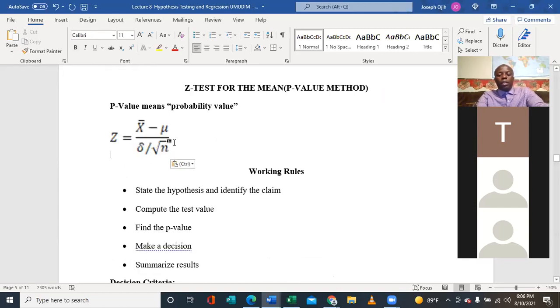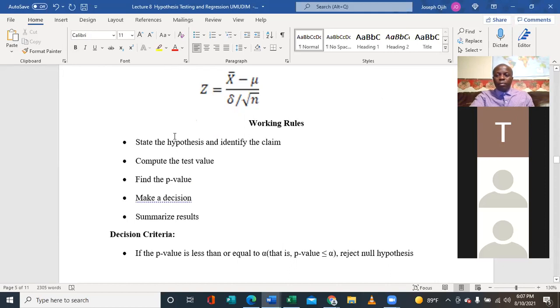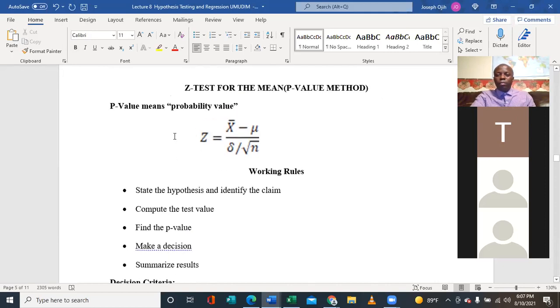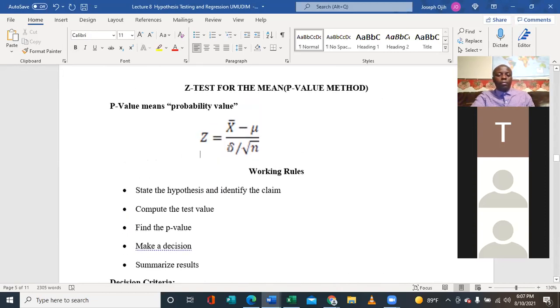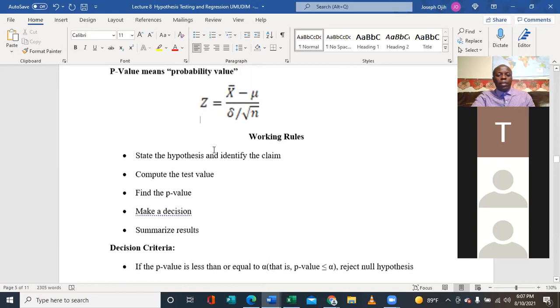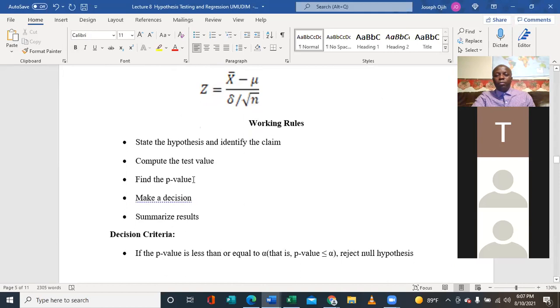This time we'll be using the p-value instead of the critical value. So the process is still the same. The only difference is that here we're using the p-value instead of the critical value. The process involves stating the hypotheses and identifying your claim, computing the test value using this test statistic, then finding the p-value, making a decision, and summarizing.